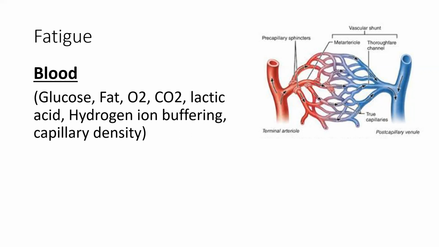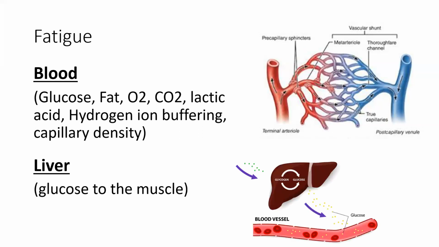We have lactic acid, so that acidity is going to slow down reaction. Hydrogen ion buffering abilities, capillary density, so really how much blood we can get into the muscle, and then how much of those chemicals like oxygen, carbon dioxide, as well as our energy substrates can get into the muscle, and those, that acidity, those hydrogen ions, and the CO2, how much we can get out of the muscle from our circulatory system.